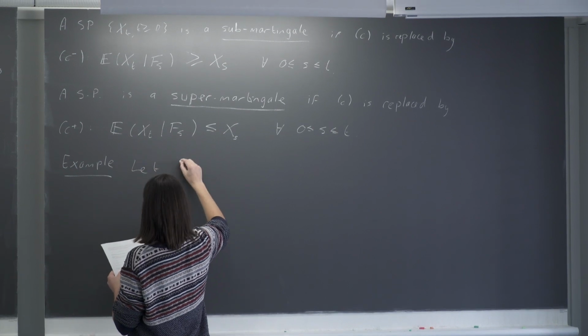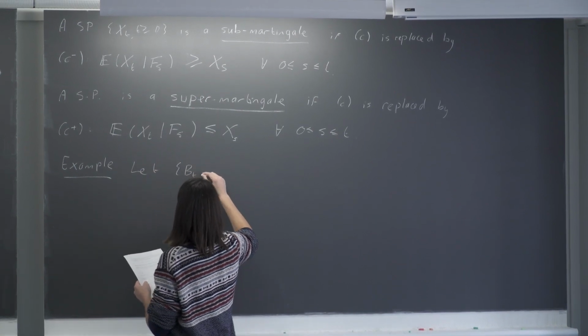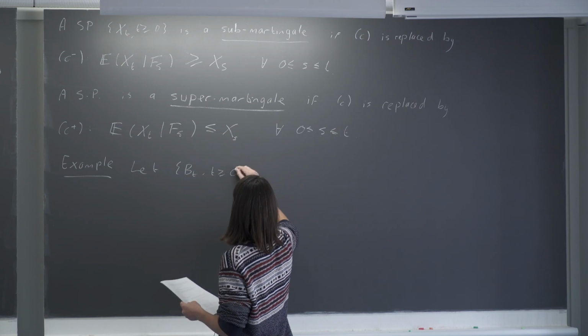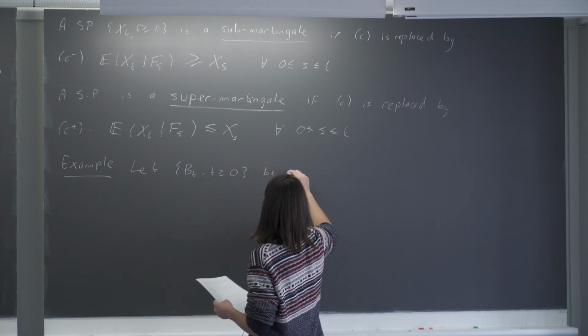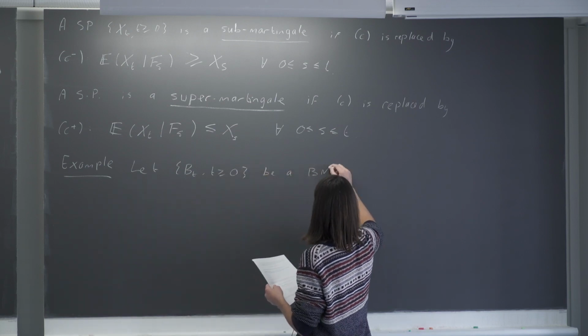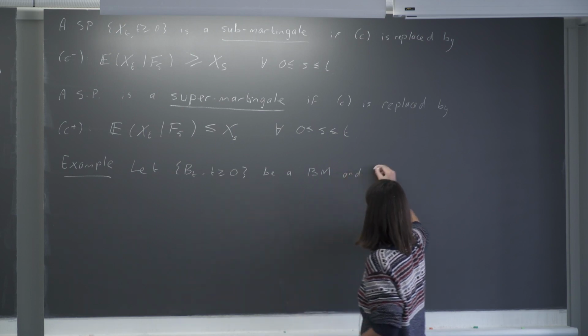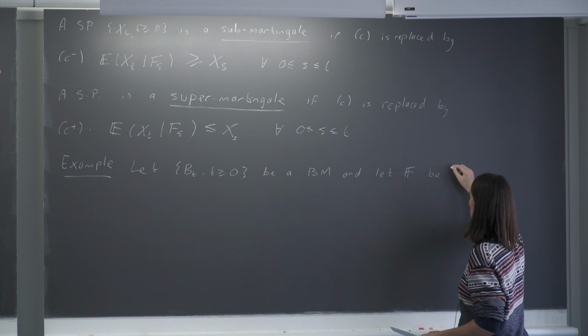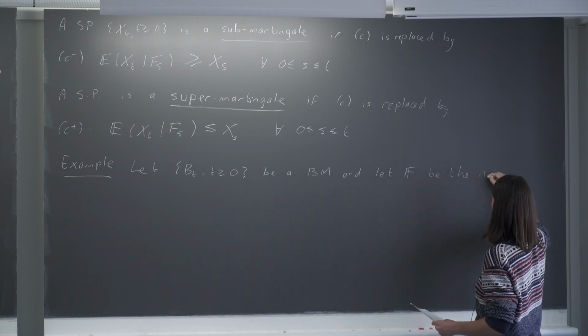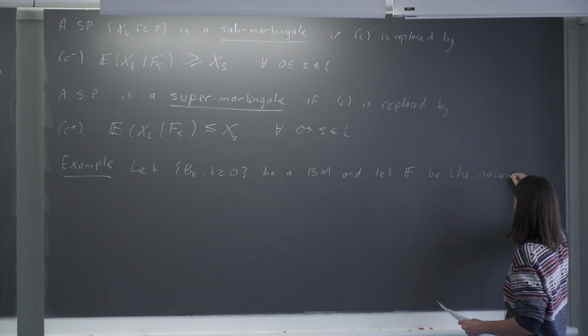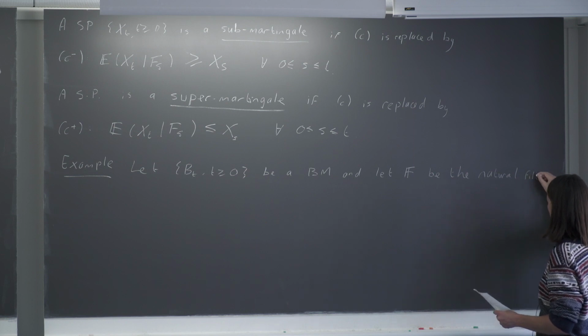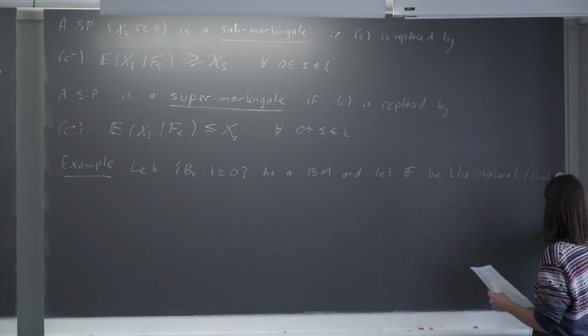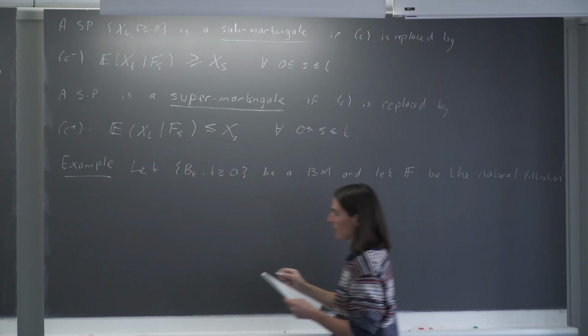Let Bt be a Brownian motion, and let F be the natural filtration for Bt.